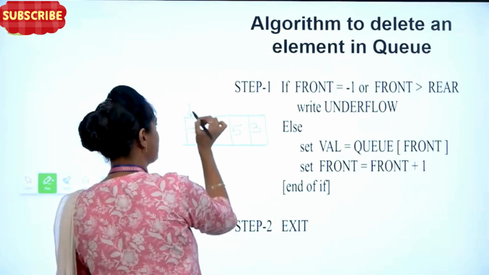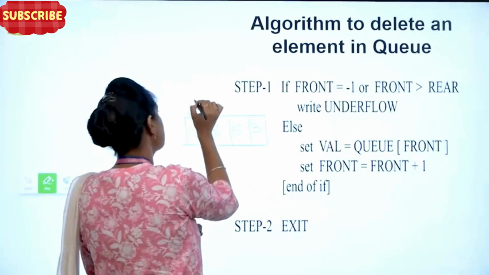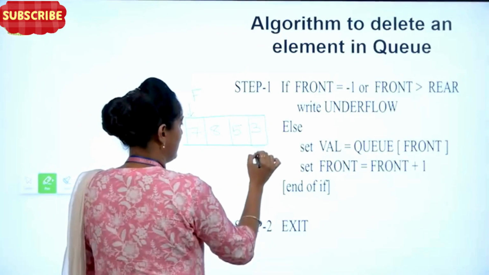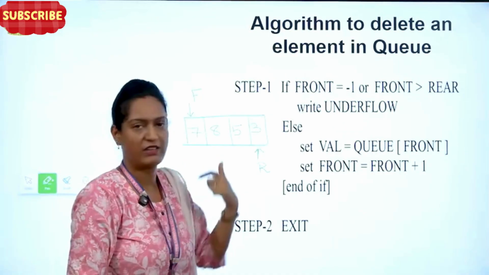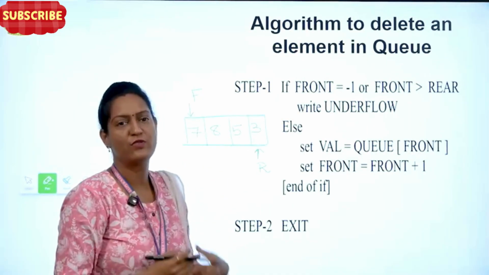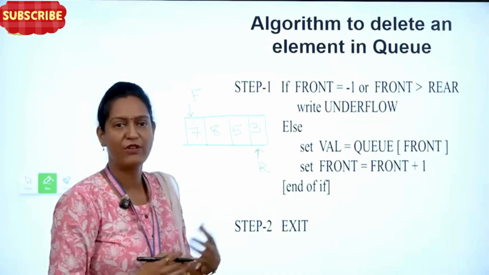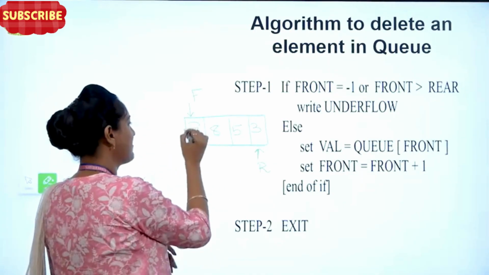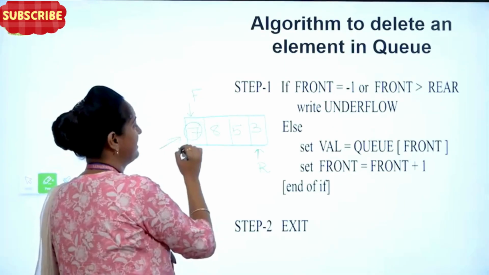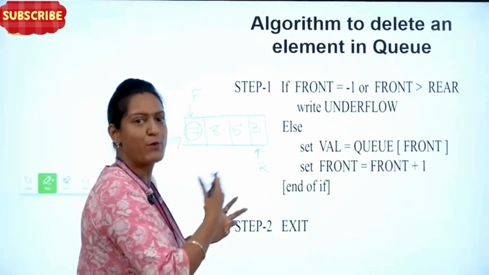In this case, this is my front and this is my rear, right? And a queue works with the principle of first in, first out. So the 7 came first, so it will be deleted first, it will be processed first.